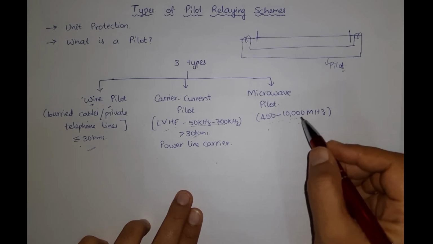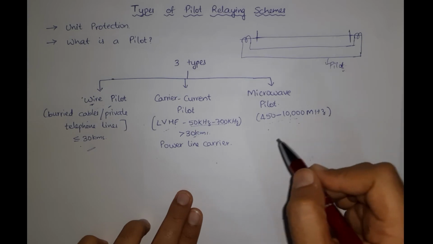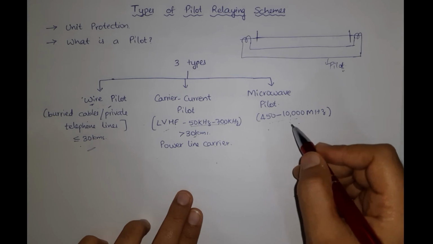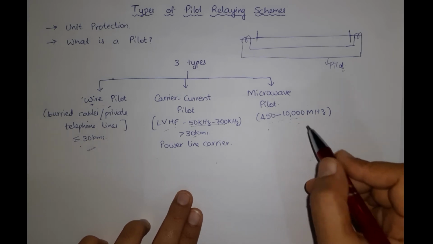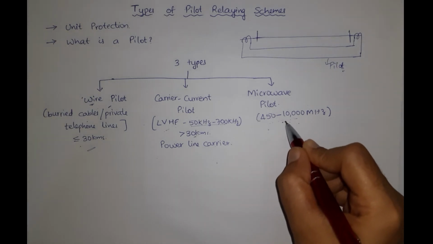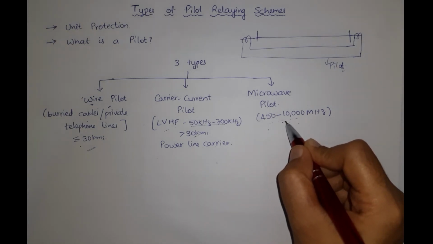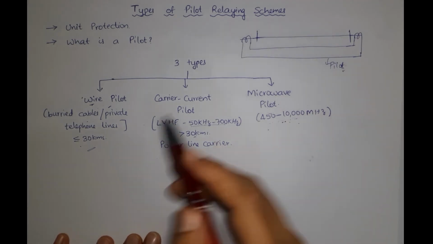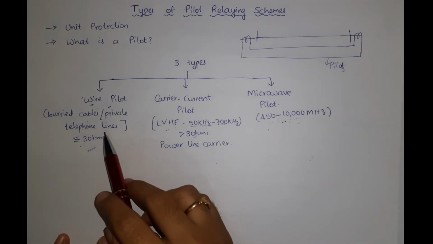The power requirement is very low, less than 1 watt. So this is economical, but the problem in this microwave pilot protection scheme is installing antennas at regular intervals, right?